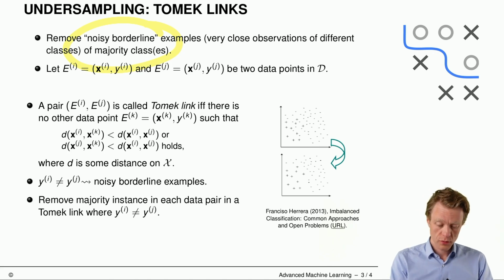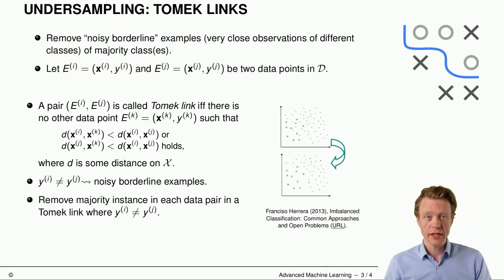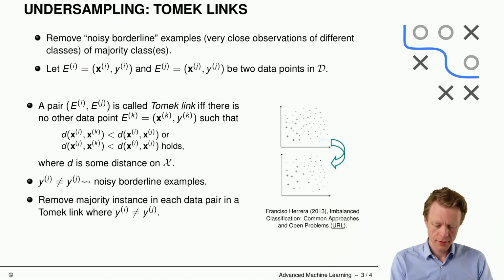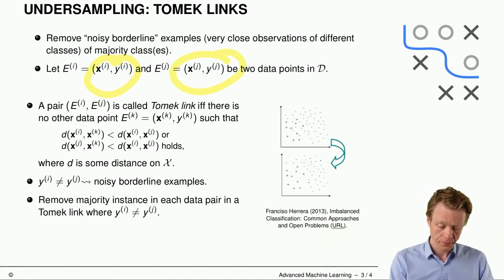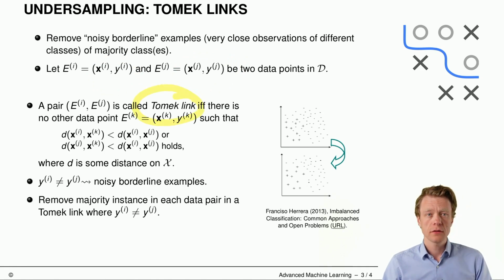So what we do is we define two data points. We call those e_i and e_j, just two data points from a data set, (x_i, y_i) and (x_j, y_j). Now we define this pair to be called a Tomek link if there is no other data point that is closer to one of those observations in the feature space.